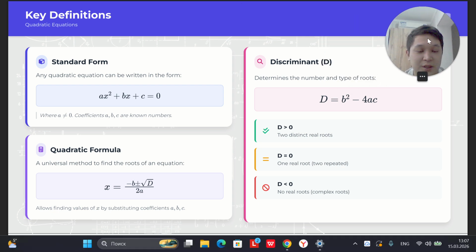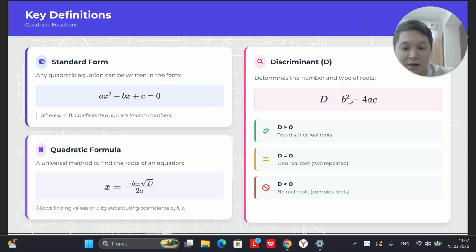So here we have the discriminant, represented by a capital D. The discriminant is essentially a shortcut that determines the number and the type of roots the equation will have. If D is bigger than 0, the equation will have two distinct real roots.